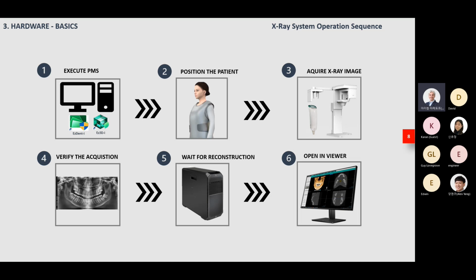So this is the operation sequence. Already you might know this. So you first execute the PMS program that is provided by VATECH. Is it entire or is it 3DI? Then the staff must position the patient like this. Probably you train the staff whenever you install it. So you have to know yourself first how this process is going on and what comes first.